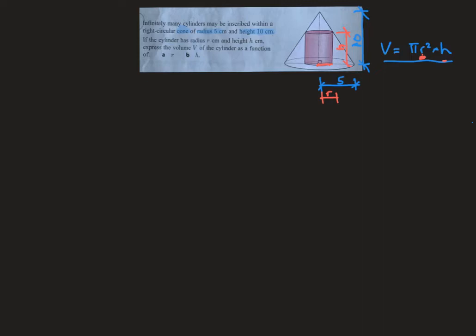So this is the line, and this is going to be 10, the height of the cone. Actually, I'm going to do it on the same side, because maybe if I go like this you're going to be confused about what I'm doing. So I'm going to take this out, there you go, gone.